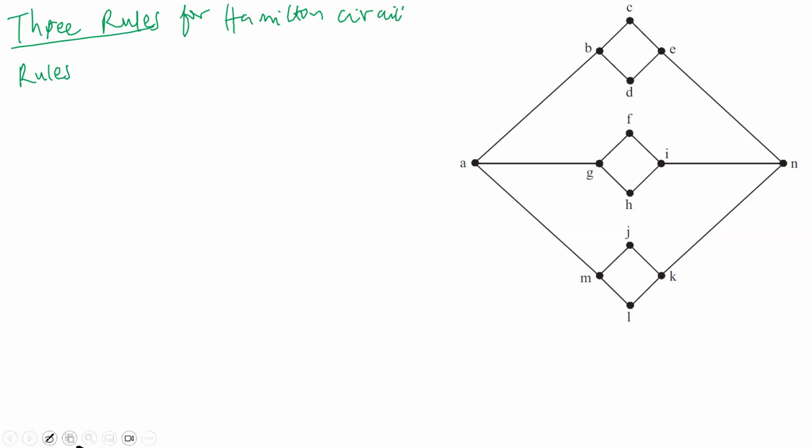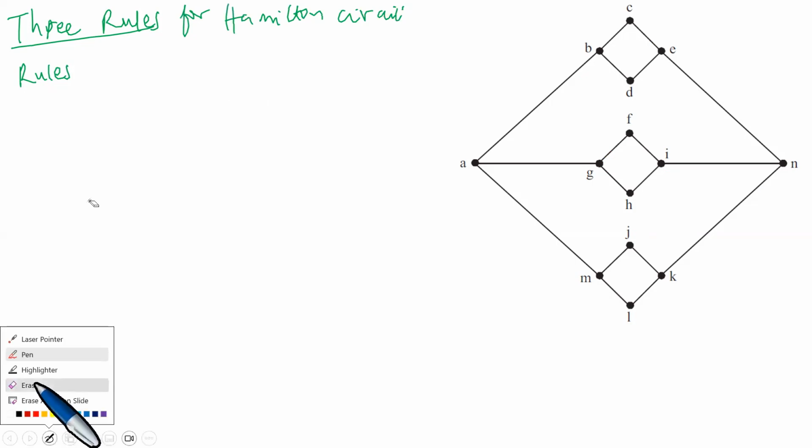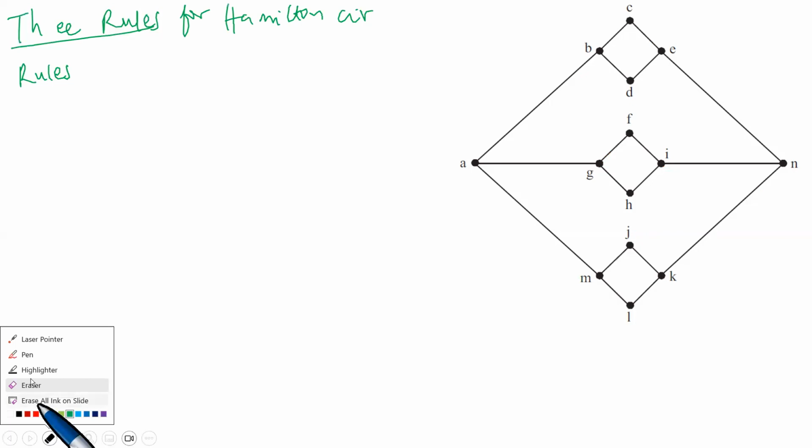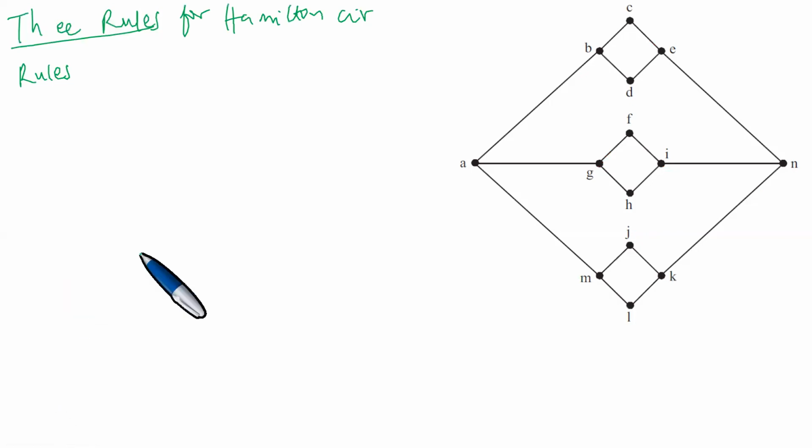What are the three rules for Hamilton seconds? We analyze them now. What is rule number 1?